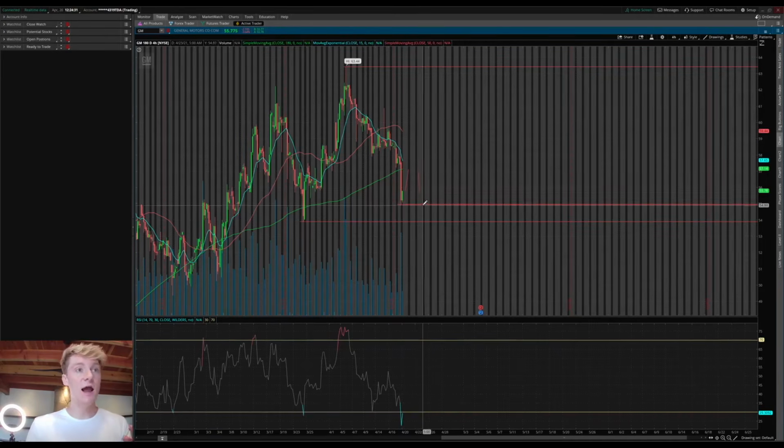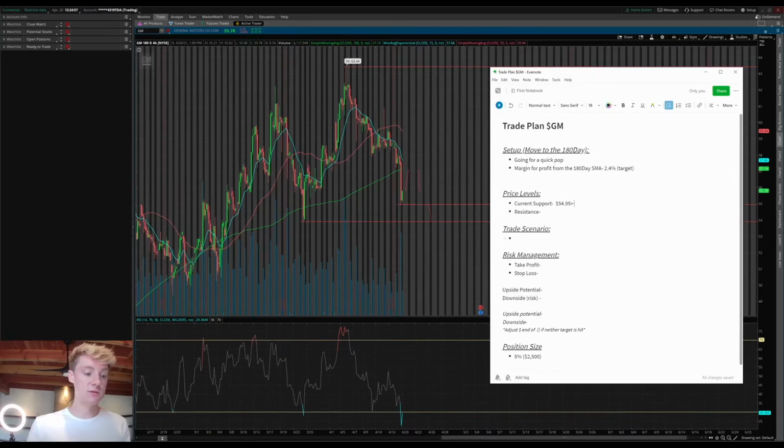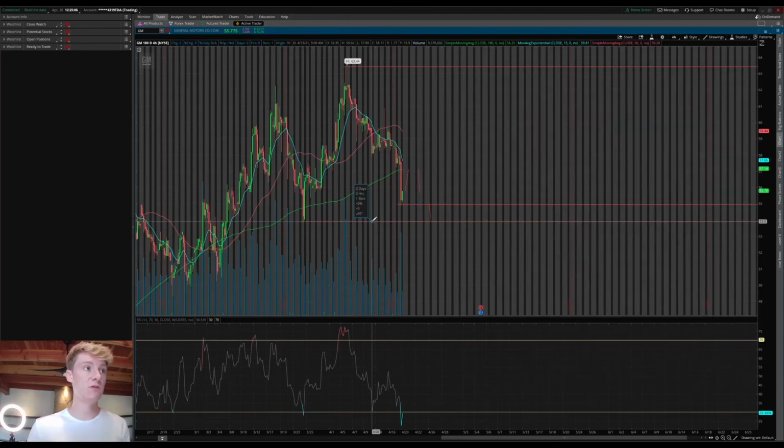When I start planning this trade, I have to know our upside potential and our downside potential. So I'm going to get those numbers by calculating the percentages between different levels. We've got roughly a 2% downside if we were to lose this support. So it's important to know that. So 2% would set us at 53.9.